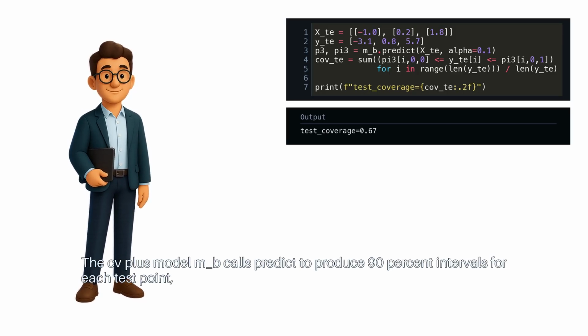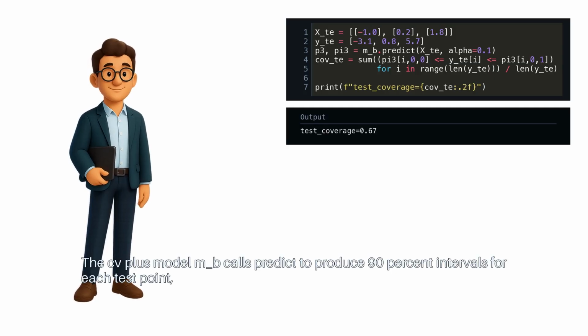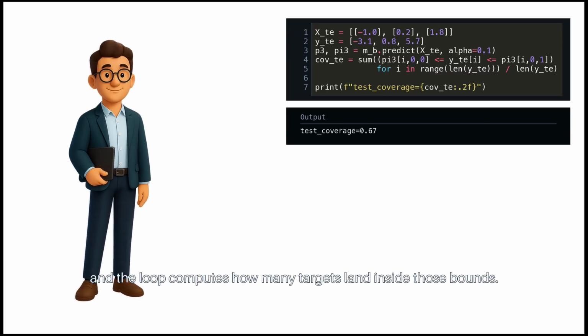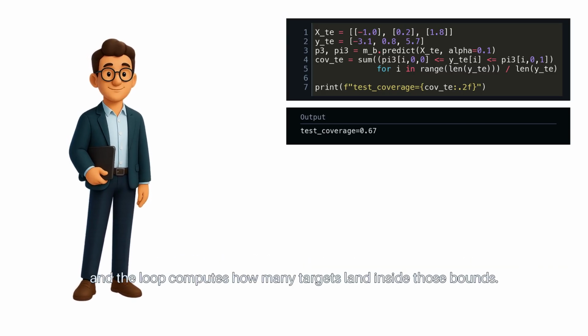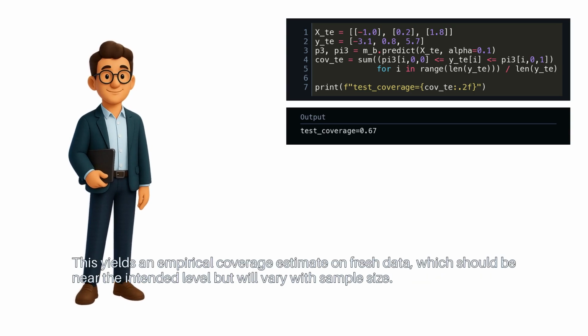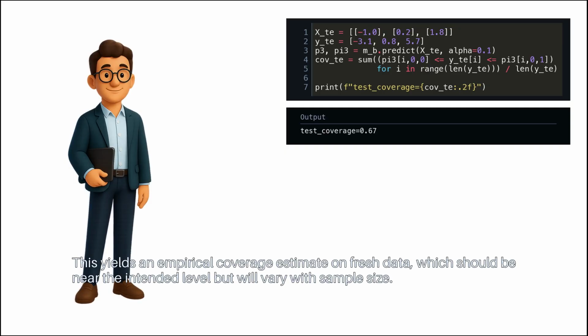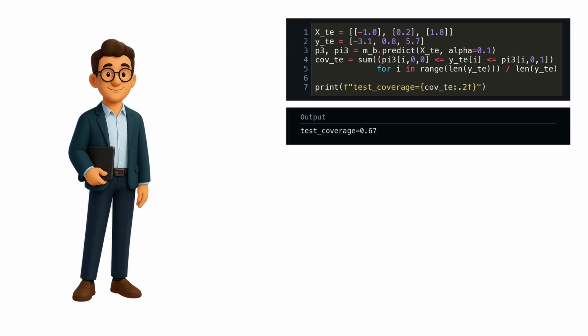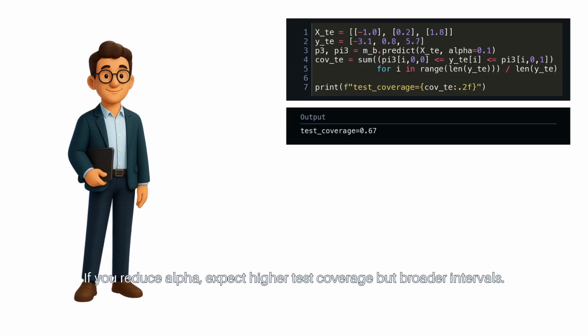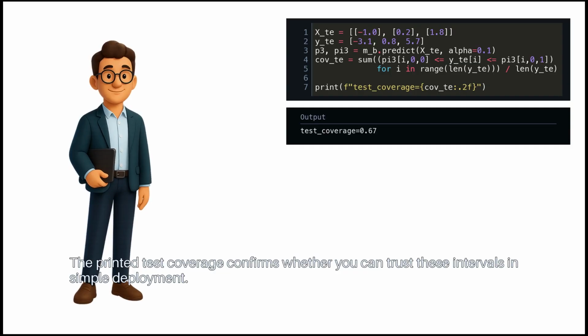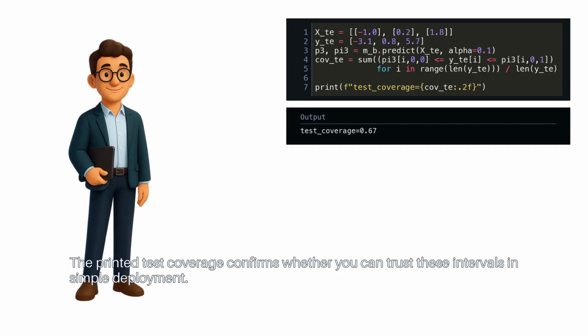The CV plus model MB calls predict to produce 90% intervals for each test point, and the loop computes how many targets land inside those bounds. This yields an empirical coverage estimate on fresh data, which should be near the intended level, but will vary with sample size. If you reduce alpha, expect higher test coverage but broader intervals. The printed test coverage confirms whether you can trust these intervals in simple deployment.